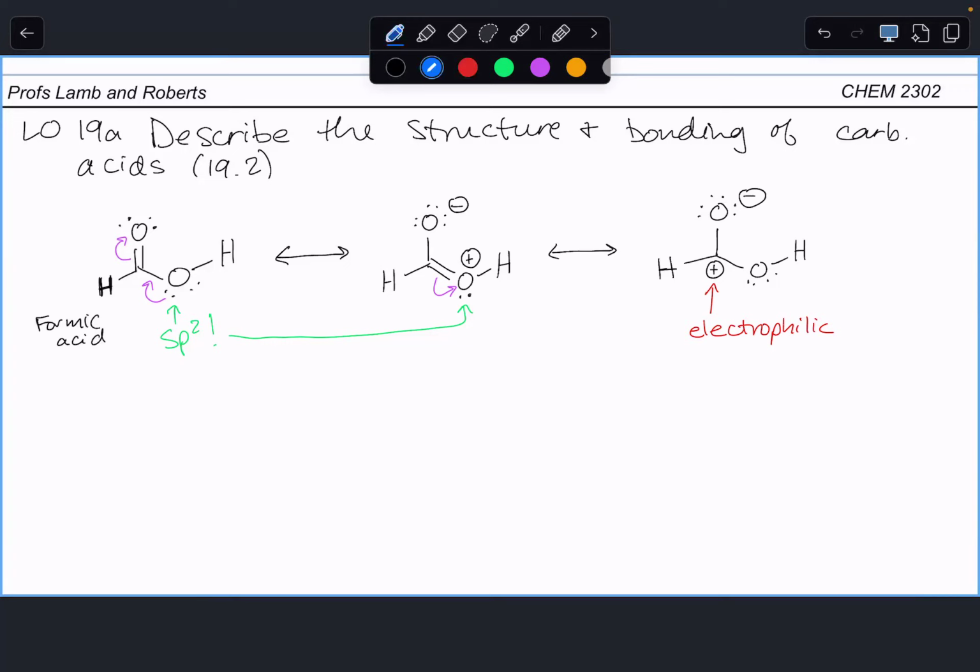And then the other thing is that what in the neutral structure on the left is the carbonyl oxygen, in the other two resonance structures, that's the negatively charged one, right? So right here and right here, we have that negative charge. So that means that that oxygen is the most electron-rich site.